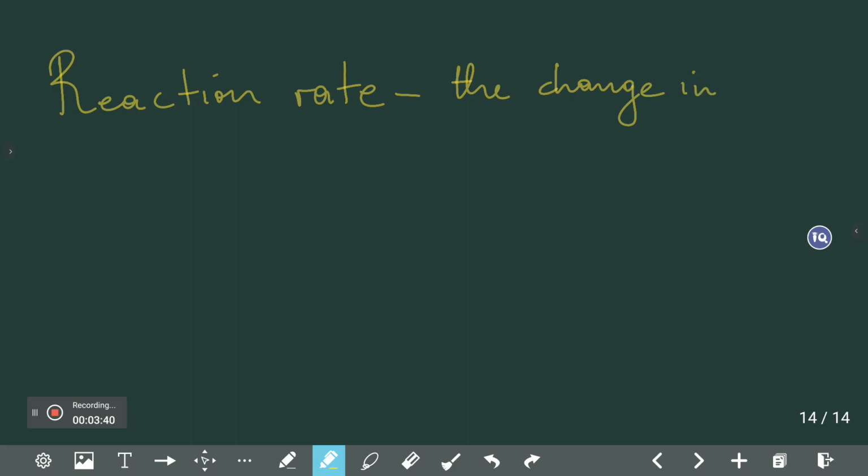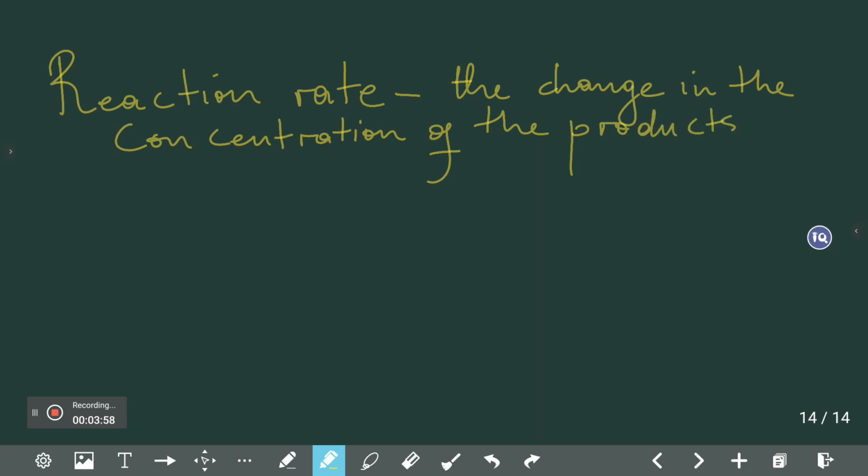We are saying that the change in the concentration of the product or reactant per unit time.